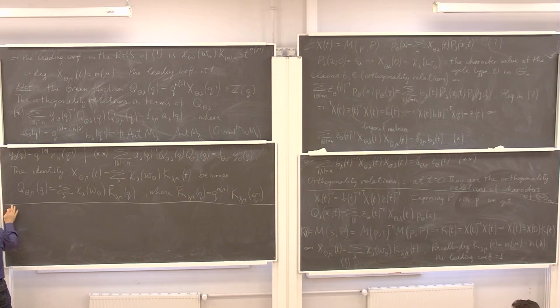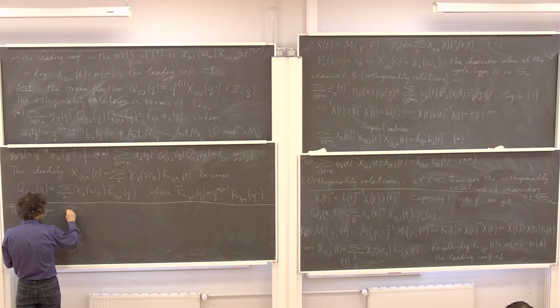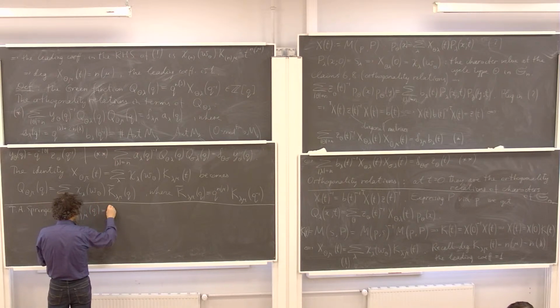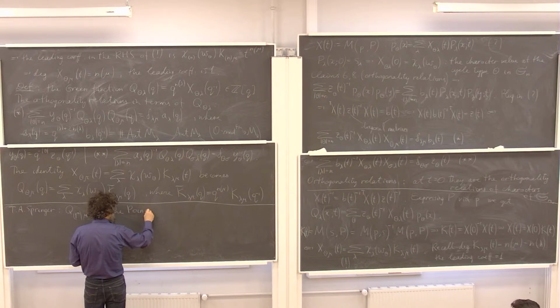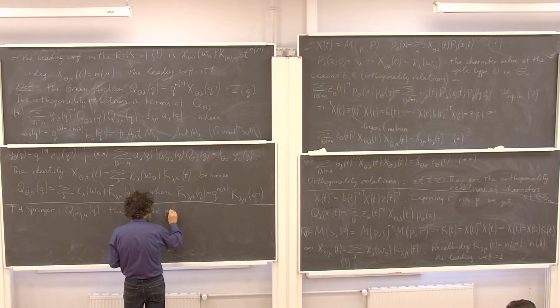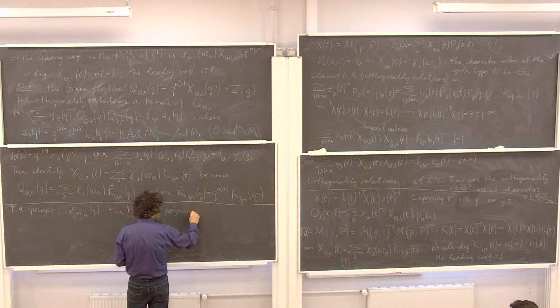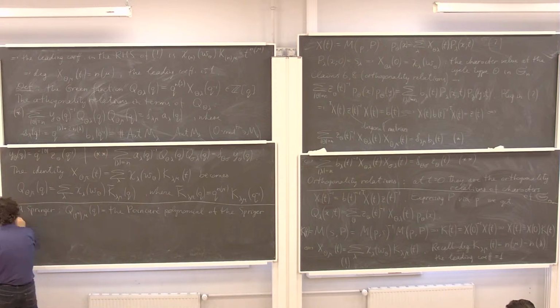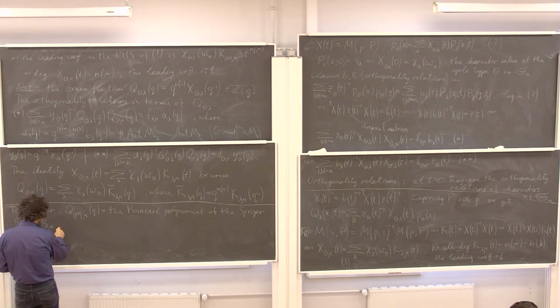So the big discovery of Tony Springer in the mid-70s was that the Green function Q for this column partition 1 mu of Q is the Poincare polynomial of what is nowadays called Springer fiber, B mu.